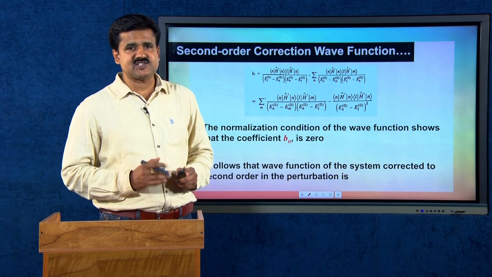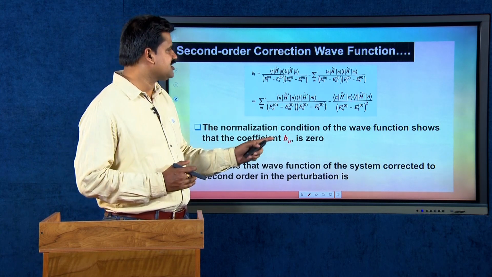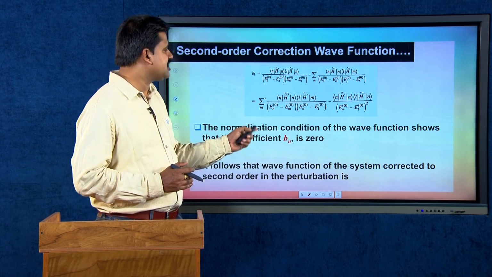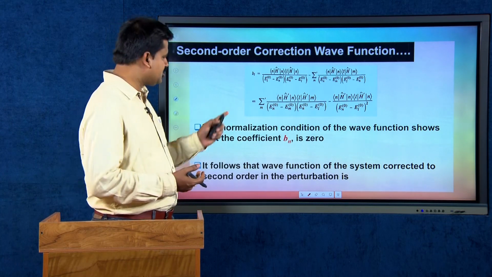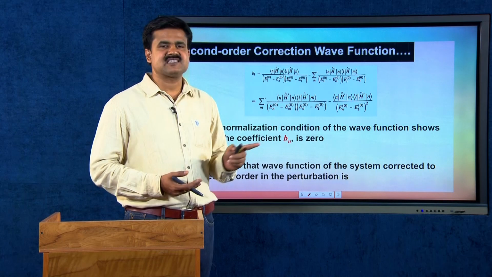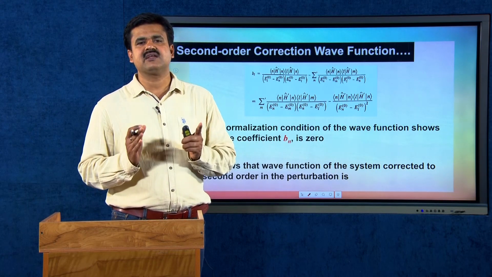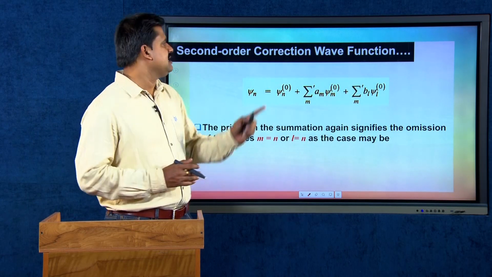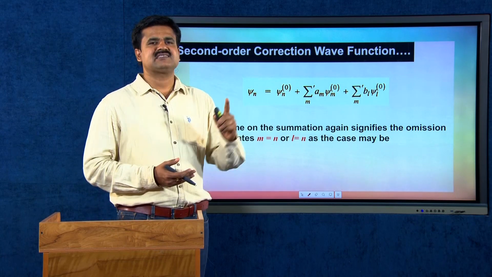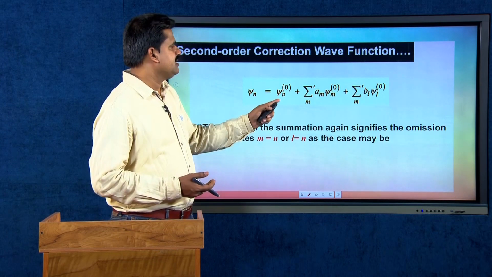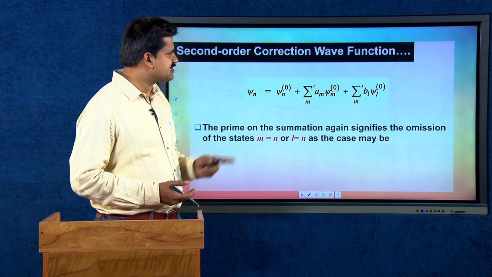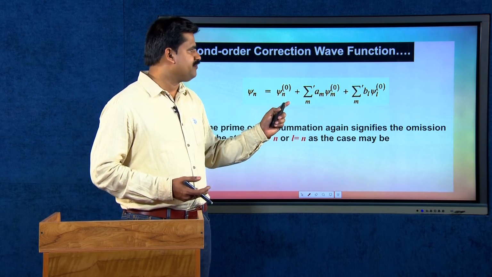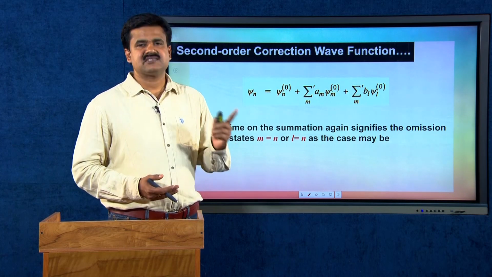The normalization condition of the wave function shows that the coefficient Bn is equal to 0. It follows that the wave function of the system corrected to second order in the perturbation is psi n equal to psi n0 plus summation m am psi m0 plus summation l bl psi l0.